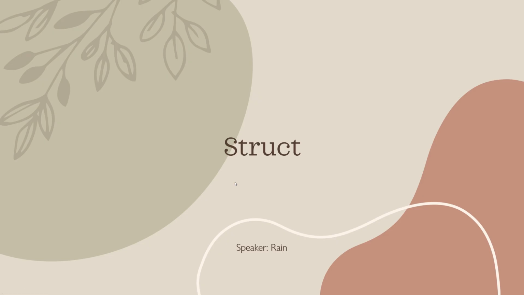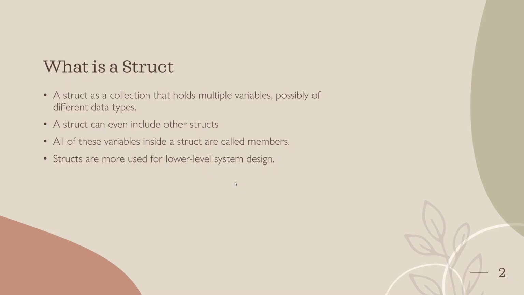In this video, I'm going to introduce a very important data container in C, the struct. You can think of a struct as a collection that holds multiple variables, possibly of different data types, and a struct can even include other structs. All of these variables inside a struct are called members.